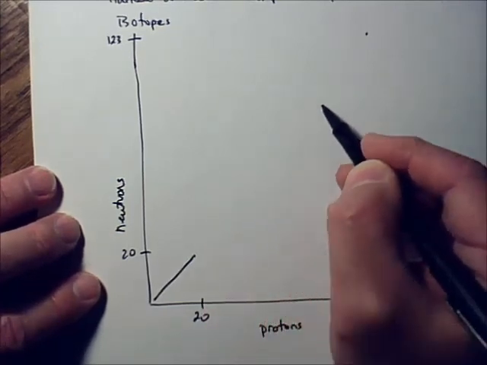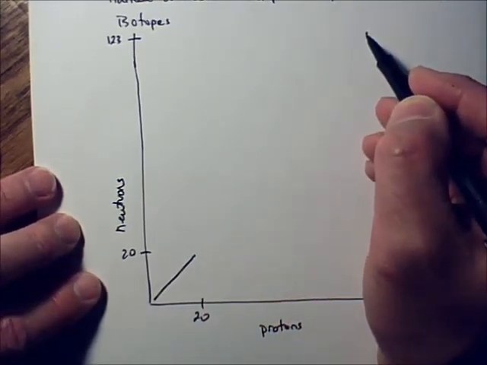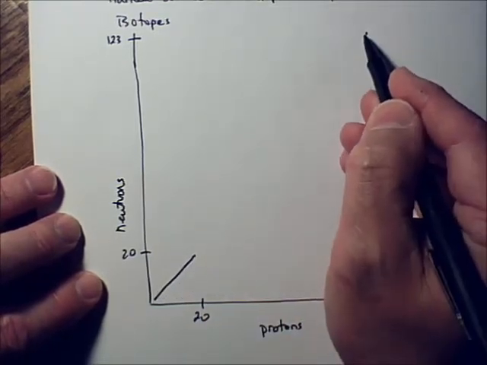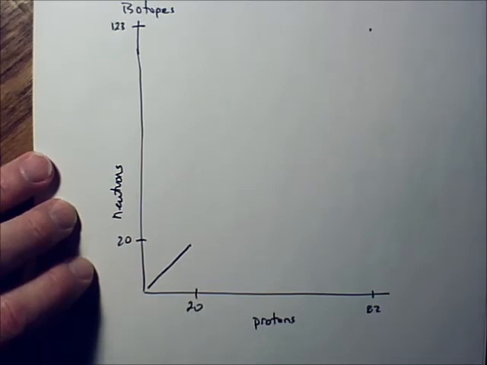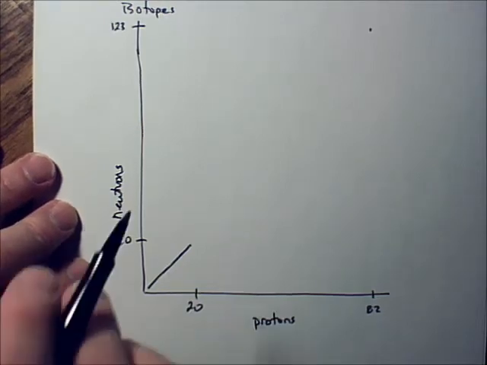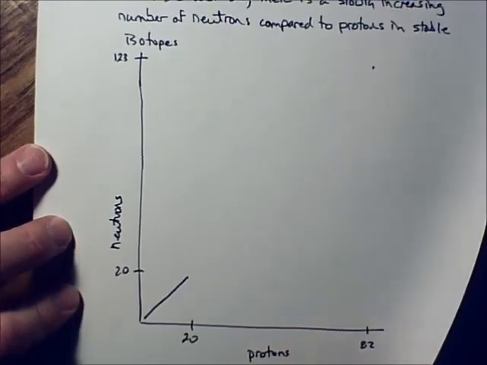This will slowly slope up to that point. Does that make sense? Okay, so this is 1.5 times the number of neutrons compared to the number of protons to keep the nucleus stable. Make sense? So we'll graph this tomorrow.